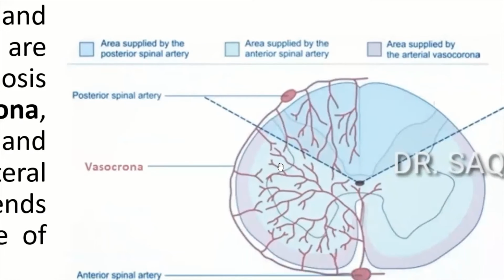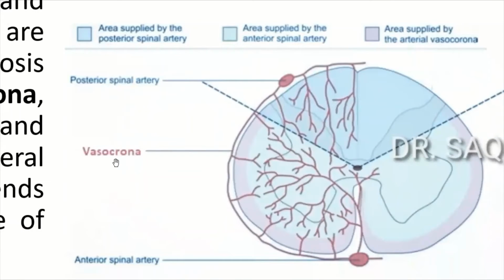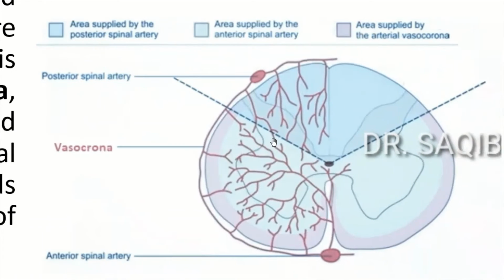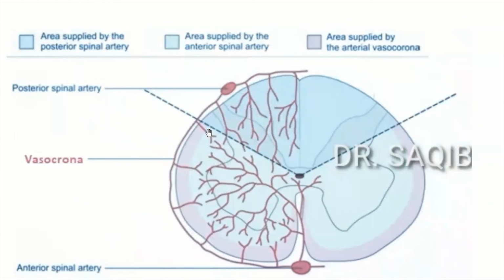So you see here, this is the arterial vasocorona. This area shaded in this color is the area supplied by the arterial vasocorona, and it sends branches into the substance of the cord, right? So the peripheral part of the spinal cord is supplied by this vasocorona. And now you identify, this is a line I've drawn for you here.